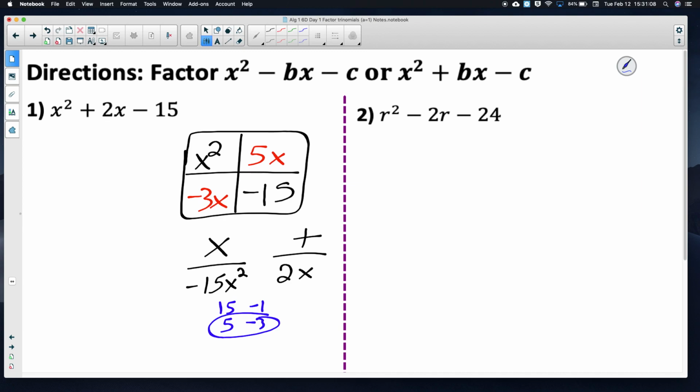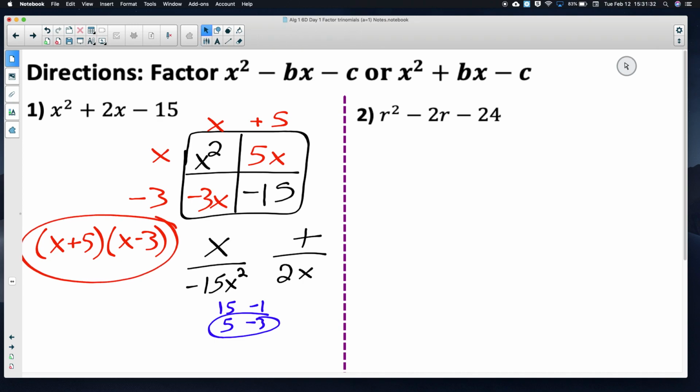If you need to list out your factors, please do that. So now we need to factor out the GCF on the rows, and I'm going to get x minus 3, and the columns, and I'm going to get x plus 5. So our factors are x plus 5 times x minus 3.